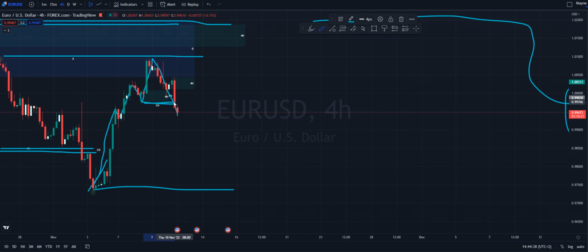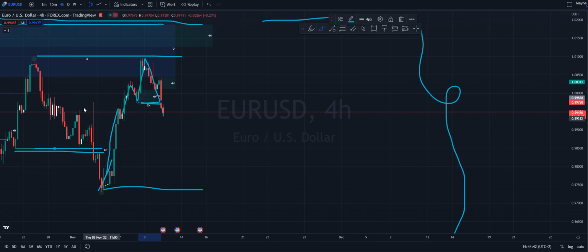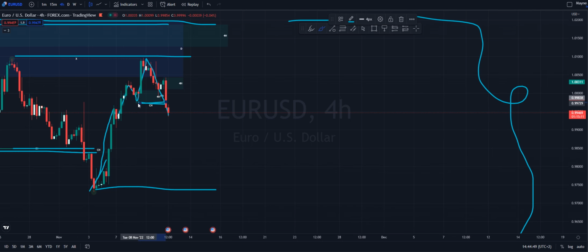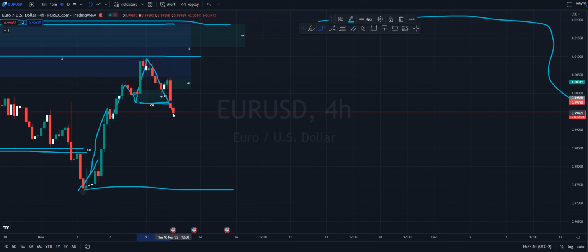right? We call this a change of character because at this point we have the 4-hour structure and we have the internal structure within the range. Now when you see the internal structure switch trends to the downside, it is likely telling us that the time frame below has likely switched bearish along with the 4-hour overall bias.